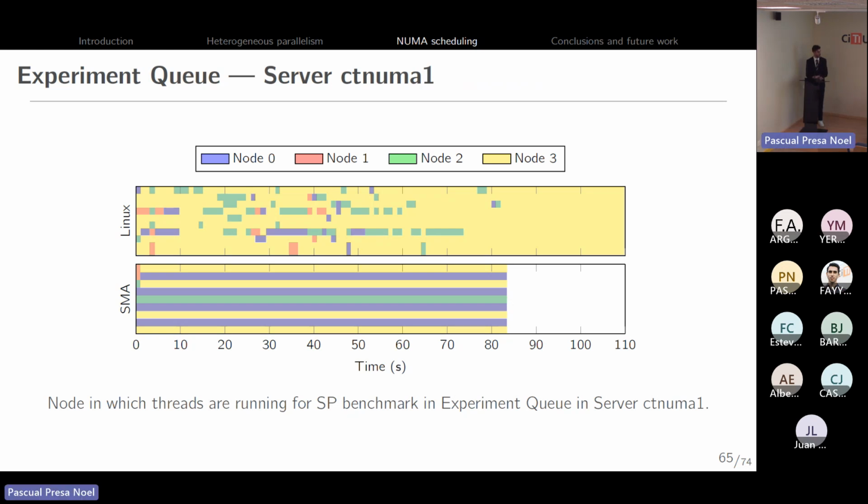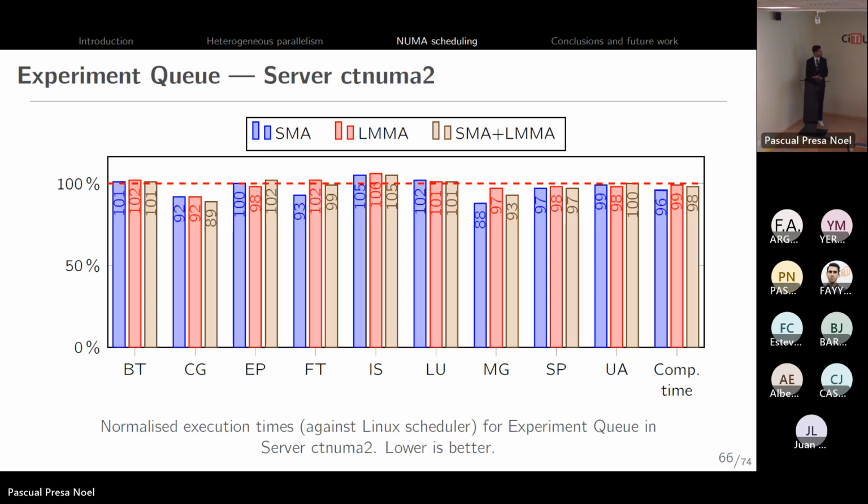And at the end, we reduce execution times quite significantly. Results are, again, quite similar for CiTIUS 2, improving up to 12% for a particular task and up to 4% in the final computation time.